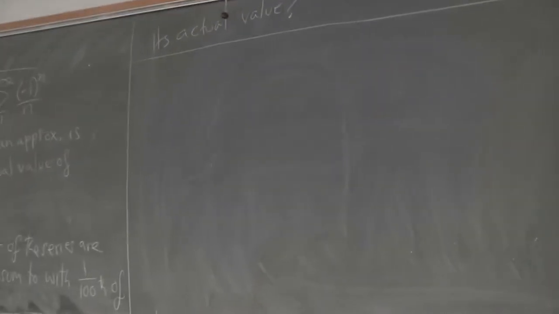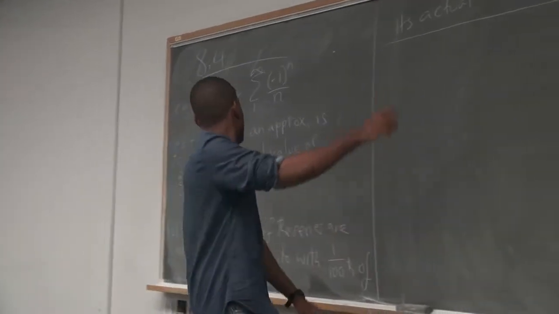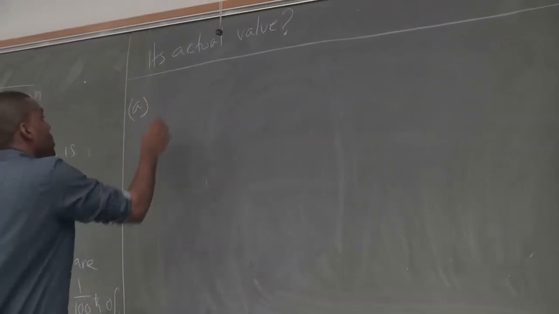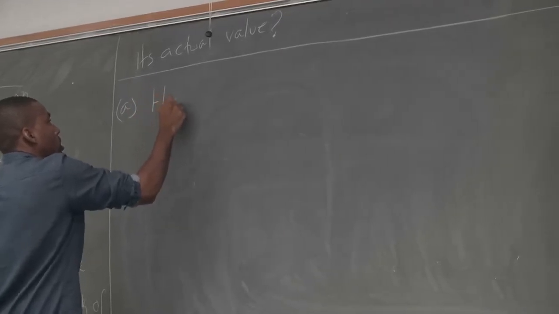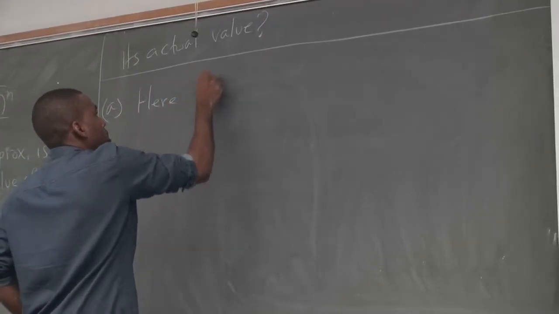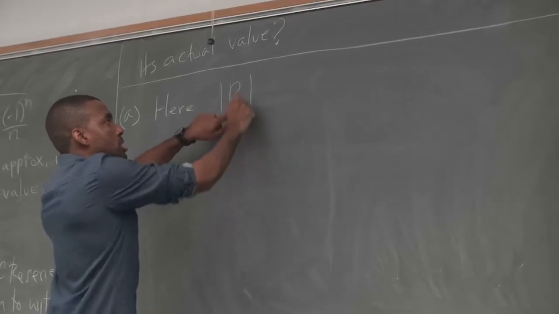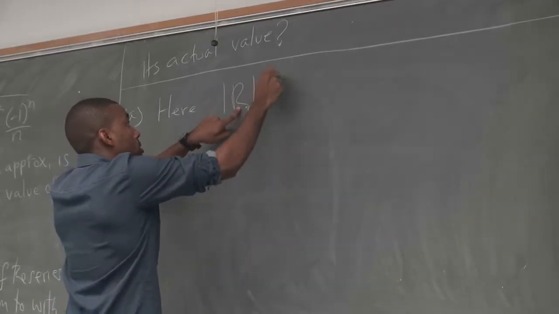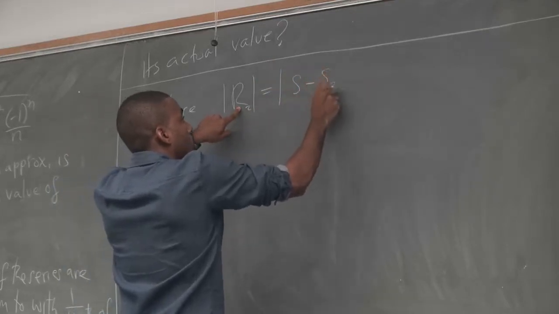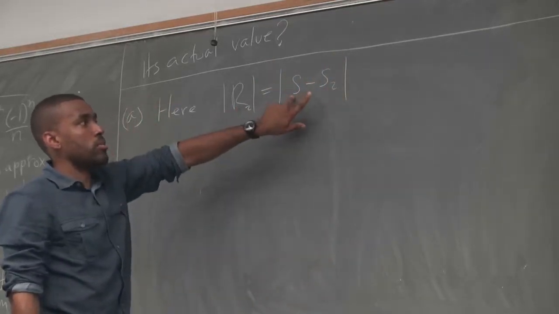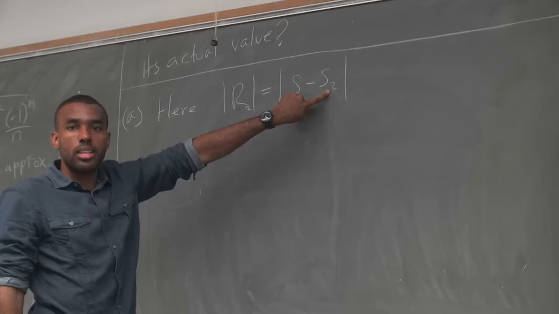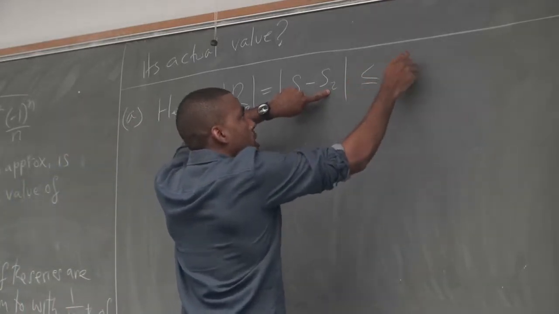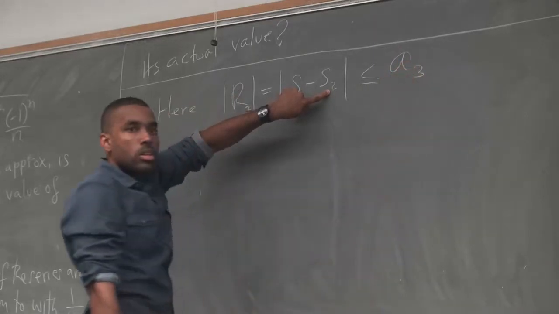So for example, here, the remainder, which means the difference between the actual answer and my partial sum, I want to know what's the difference between the actual answer and the second partial sum. It turns out that it will always be within the third term.